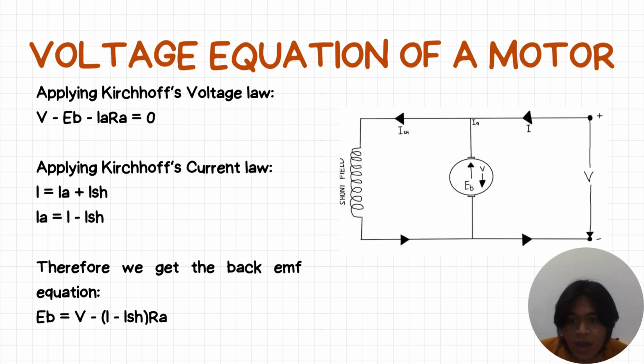Finding IA, we have IA equals I minus ISH, where I is the current from the voltage supply. Therefore, combining the two formulas, we get the back EMF equation, which is EB equals V minus (I minus ISH) multiplied by RA.